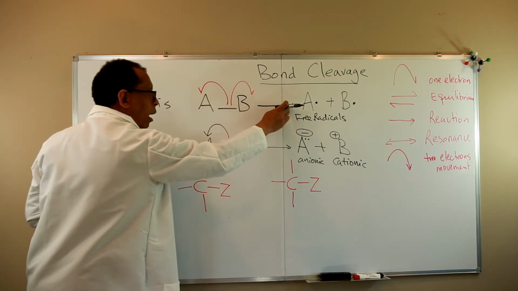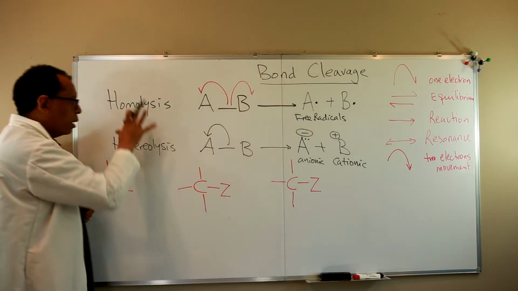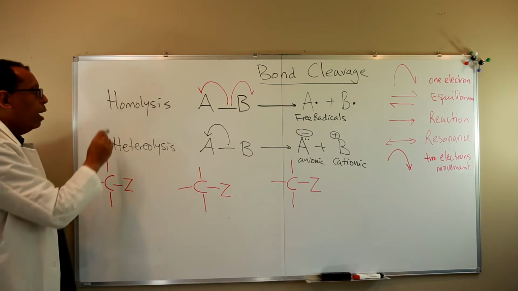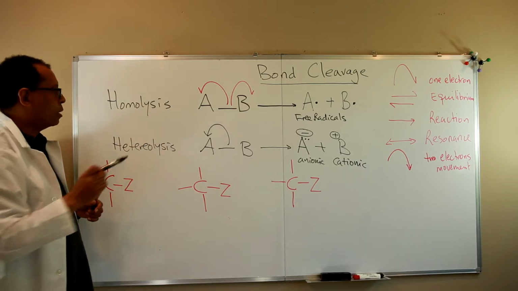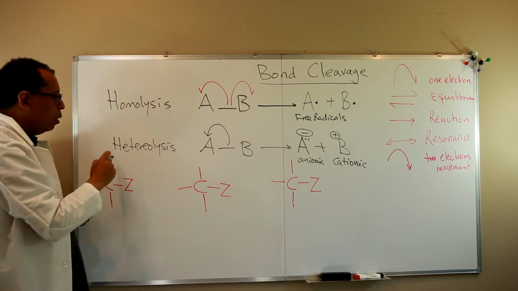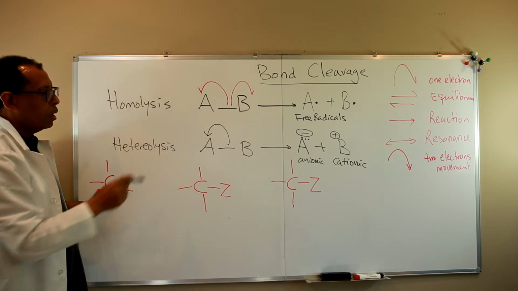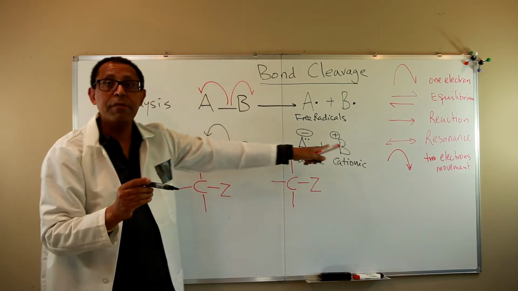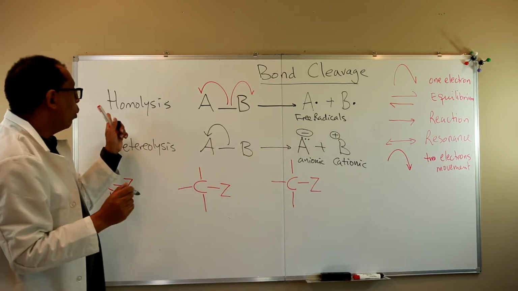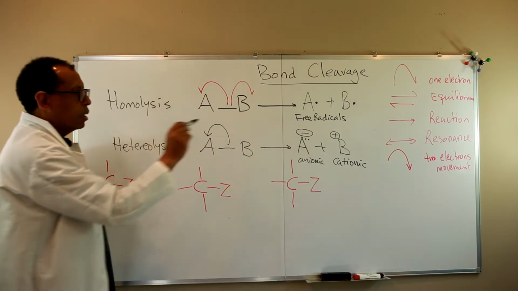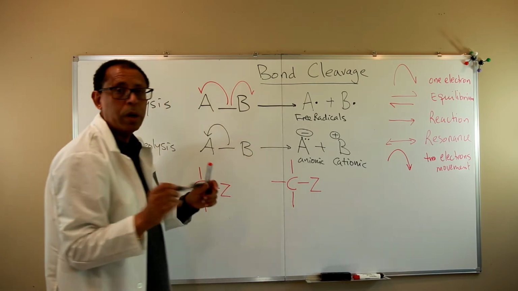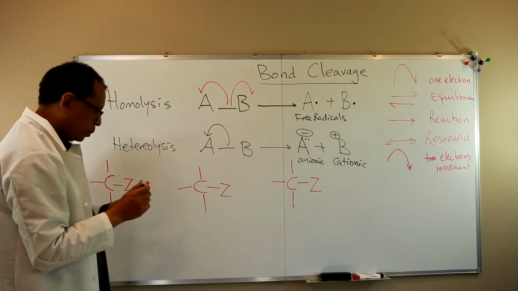These are highly reactive species, but I'm just showing you here how a bond breaks in homolysis or heterolysis. Heterolysis results in positive and negative charges, while homolysis results in free radicals, with one electron equally shared.